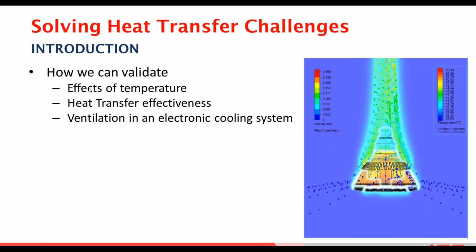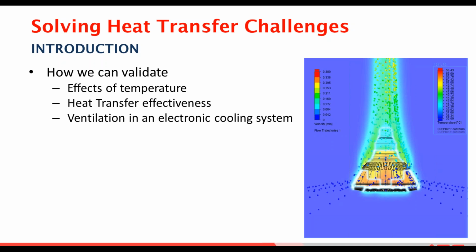What we are focusing on is how we can validate the effects of temperature in electronics boxes or electronic components, and the heat transfer effectiveness. We want to know how effectively heat is released away from the system.